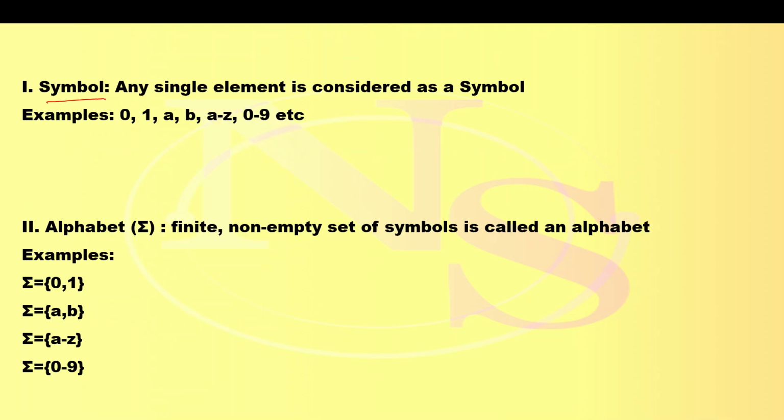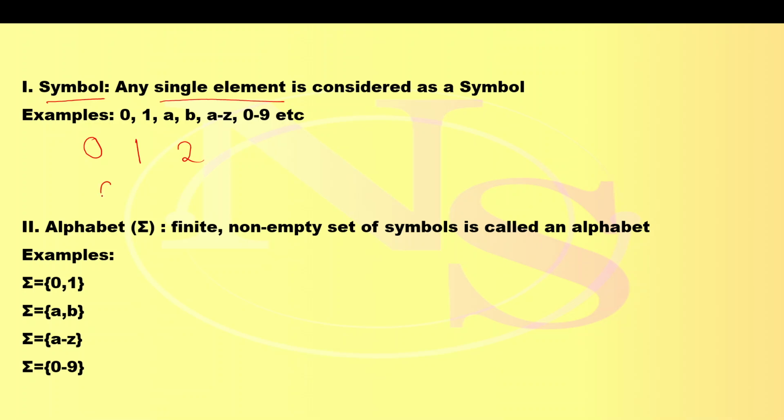Symbol. What is a symbol? A symbol is nothing but any single element. For example, if I say 0, 0 is considered a single element, or 1 or 2. Based on the requirement, we can define the input, and a symbol is part of the input.